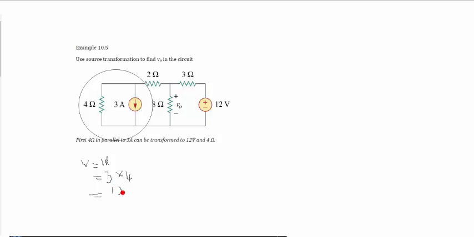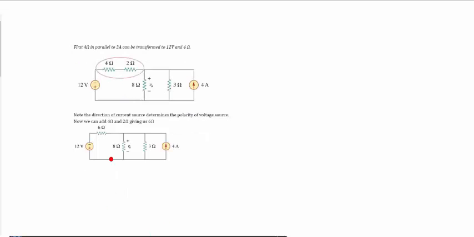The supply will be 12 volts and the resistor value will be the same, and that is what you will see here. This 12 volt supply is the way it came as we discussed in the previous slide.